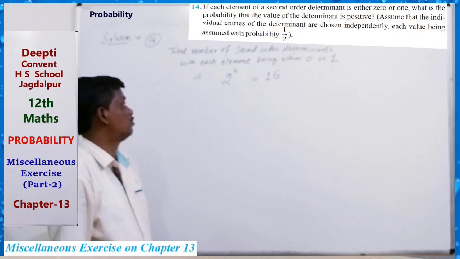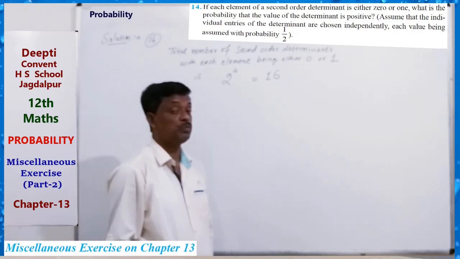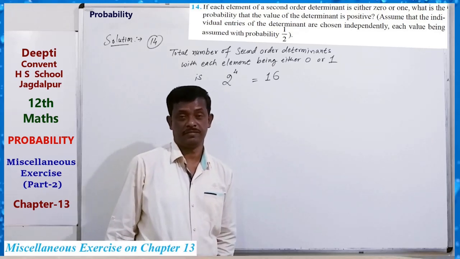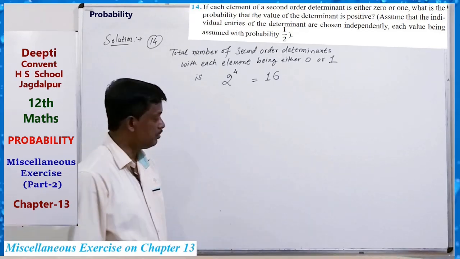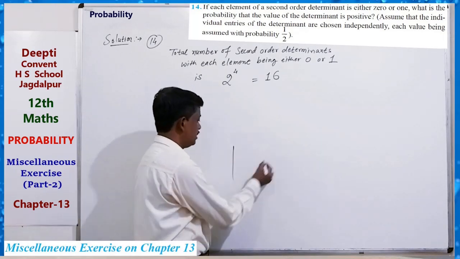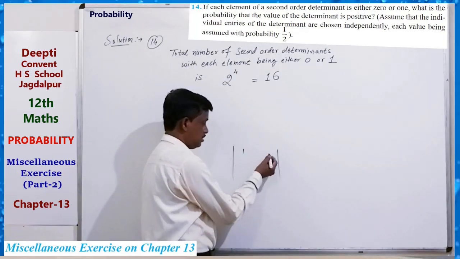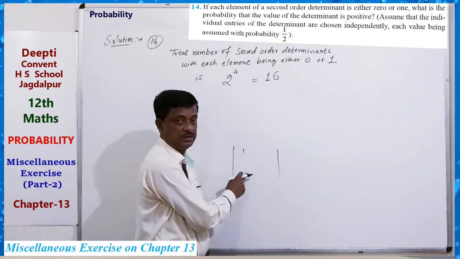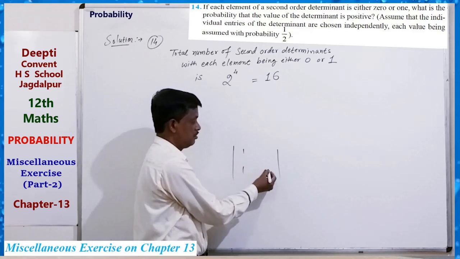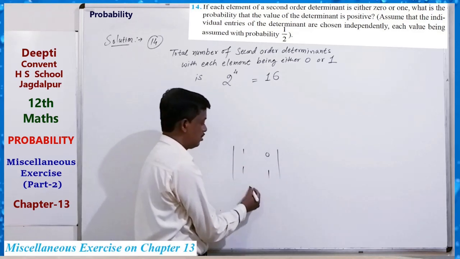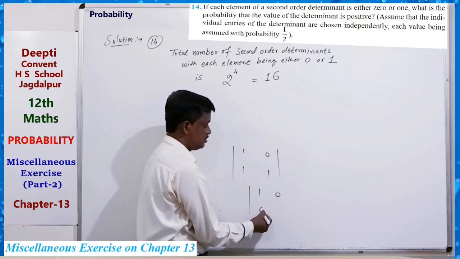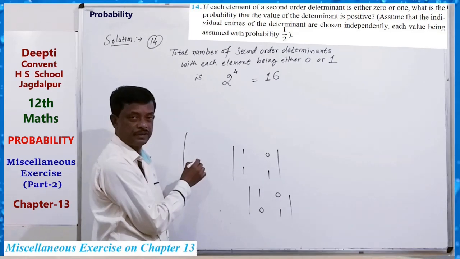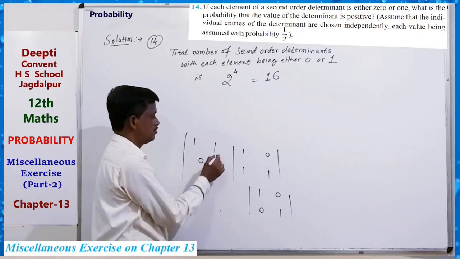Now, the total number of second order determinants with positive value. When will the value of the determinant be positive? We can see here that one side is subtracted from the other. Combinations like 1, 1, 1, 0, or 1, 0, 0, 1, or 1, 1, 1, 0.